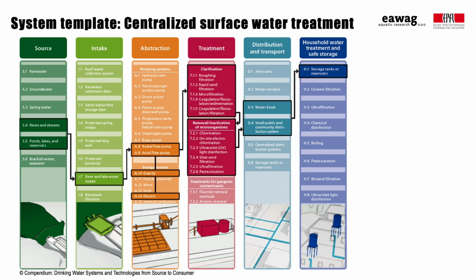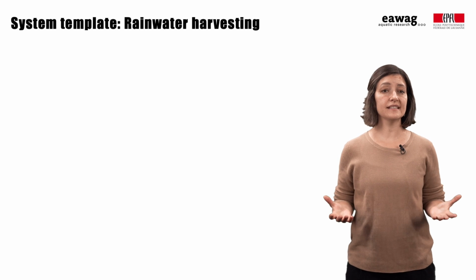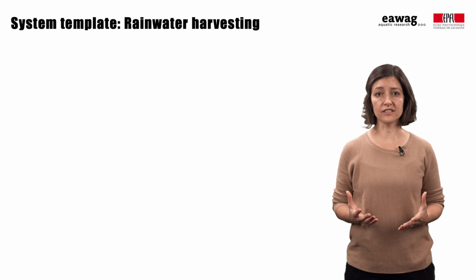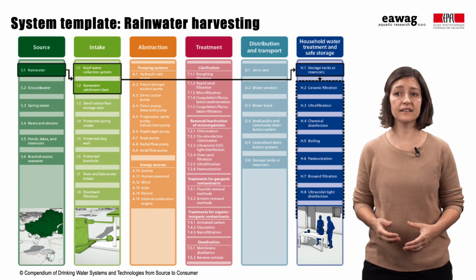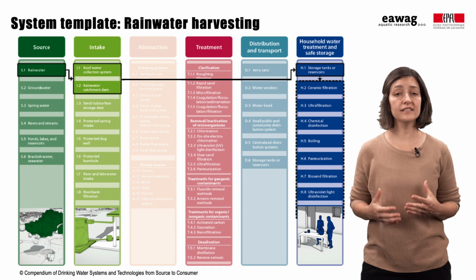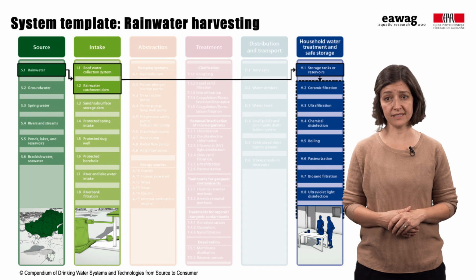Households then might adopt water treatment or safe storage practices, for example, storing water in safe storage containers on the rooftop. Note that it's not always necessary for water to pass through every functional group. For example, the rainwater harvesting template shown here excludes the abstraction, treatment, and distribution steps.